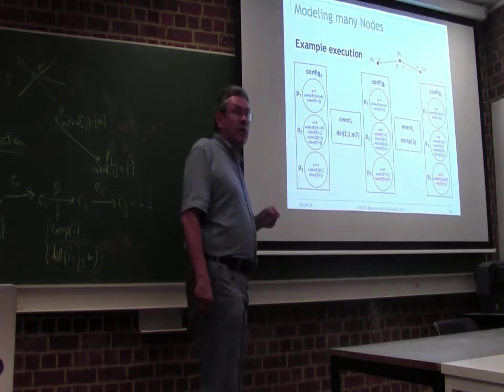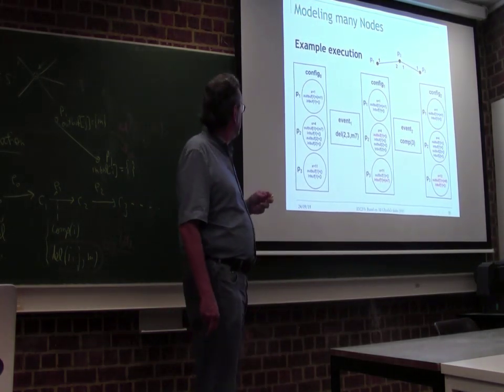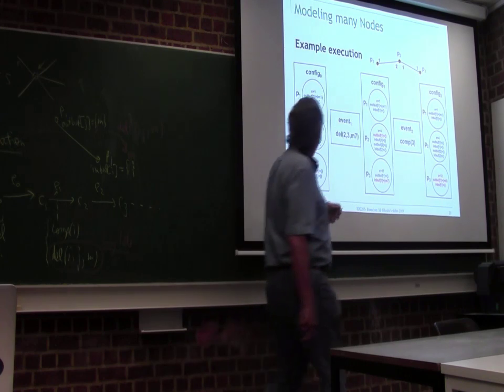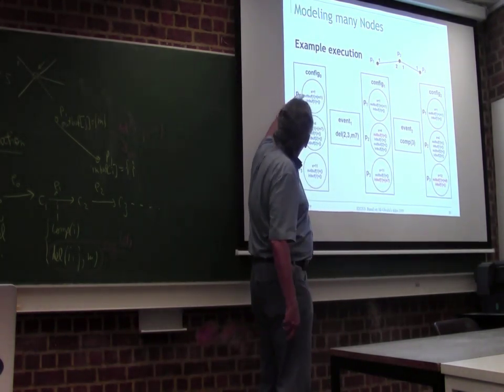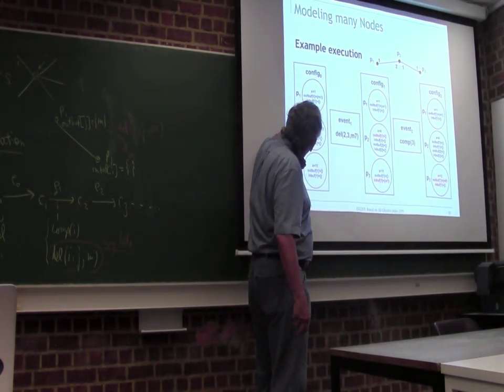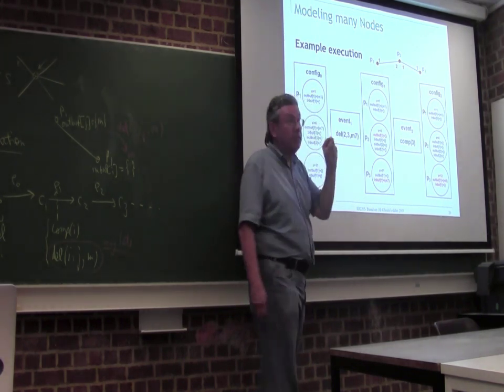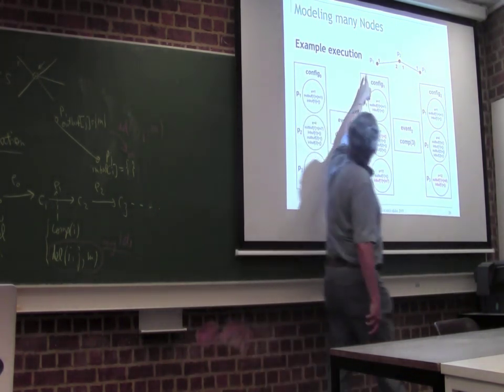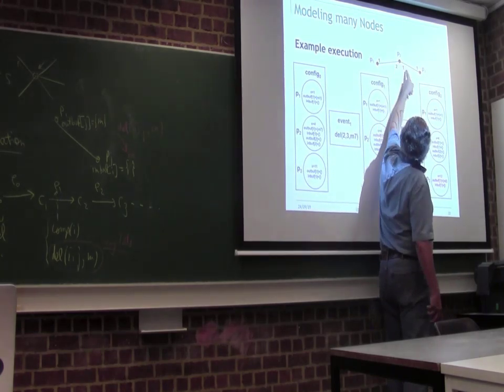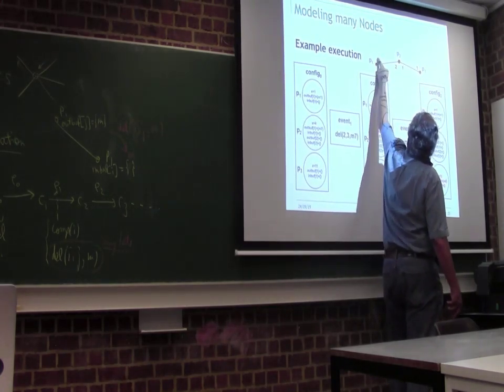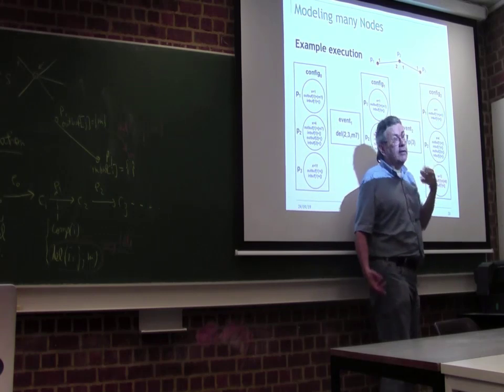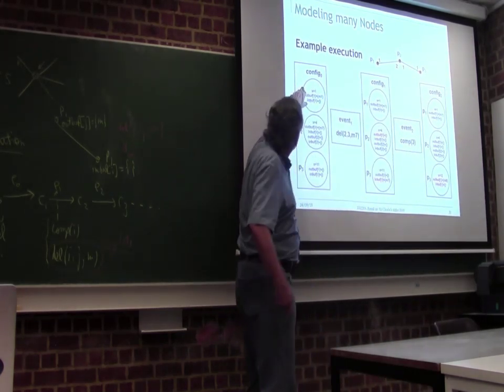Yeah? Isn't there a problem? Isn't it outbuff 1? No, these are vectors. So I'm actually numbering all the in-buffs and outbuffs sequentially, 1, 2, 3. So P1 has 1 outbuff, P2 has 2 outbuffs, so they're not numbered by the name of the node, huh? It's just their vectors.